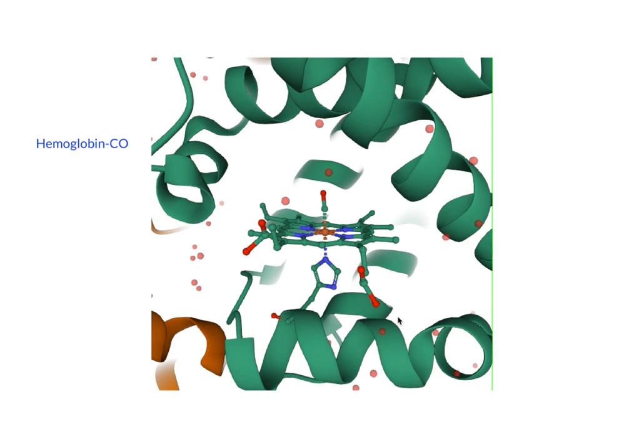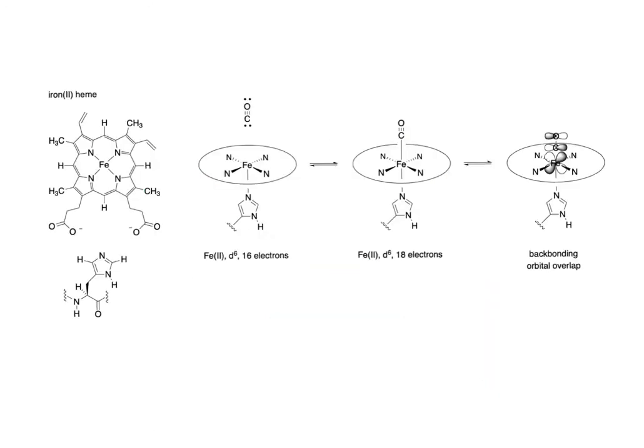If we return to the line drawing of iron heme, this is the iron heme shown again, now with carbon monoxide as the electron-donating ligand.